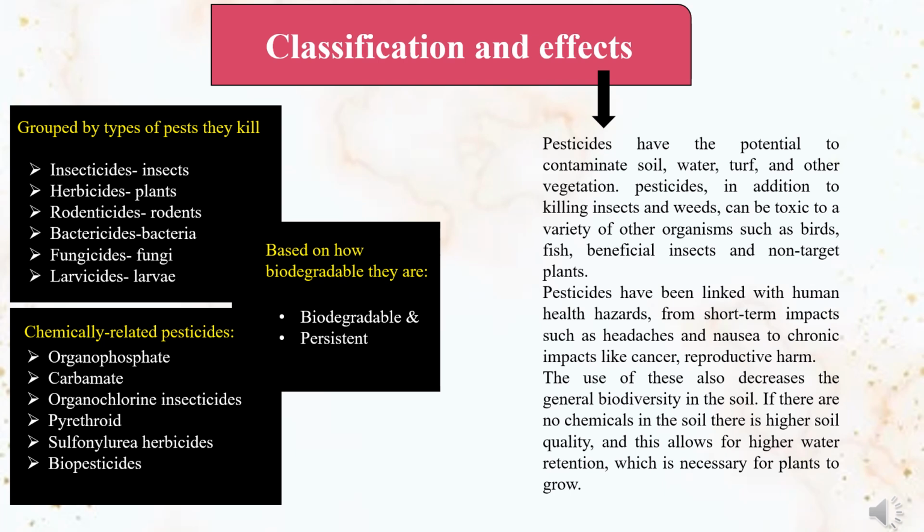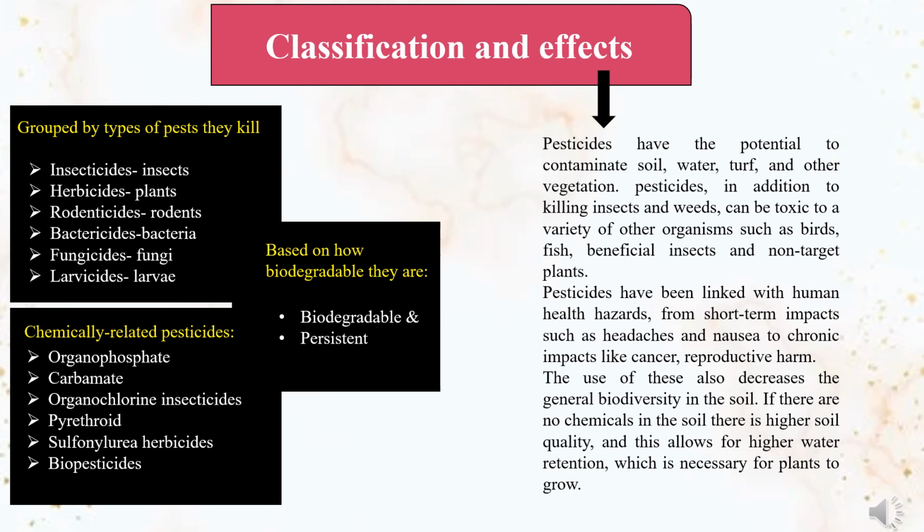Then, based on how biodegradable they are, they can be considered as biodegradable, which are those that can be broken down by microbes and other living beings into harmless compounds. Another one is persistent, while the persistent ones are those which may take months or years to break down.